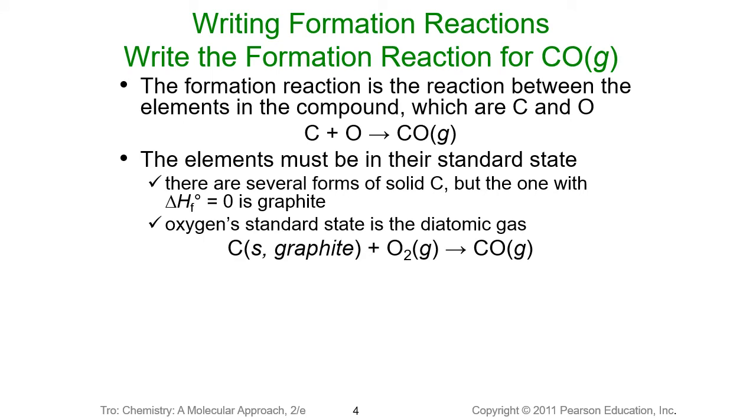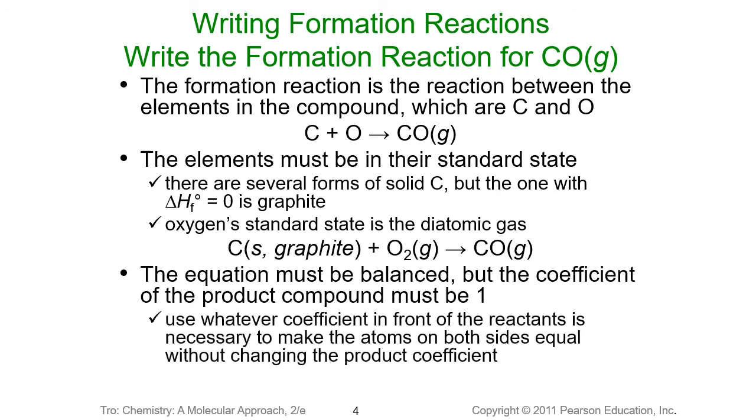This presents a little bit of a problem because our definition for formation reactions is that we have to make 1 mole of the product. So our CO is what we need on the product side, but now that we've used the diatomic gas, we cannot balance this chemical reaction. So we need to add a coefficient in front of our oxygen so that we produce 1 mole of the product. Because we only need 1 oxygen, the coefficient in front of the diatomic oxygen is going to be 1/2.